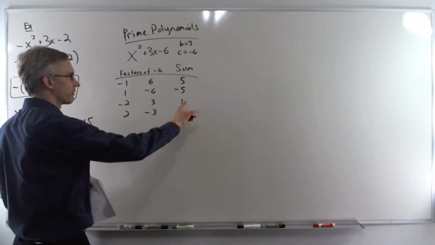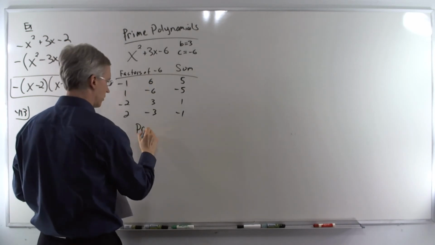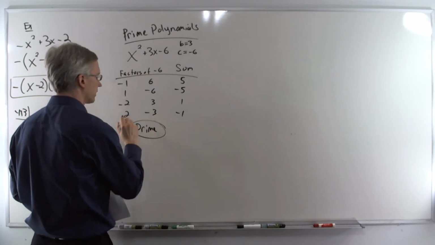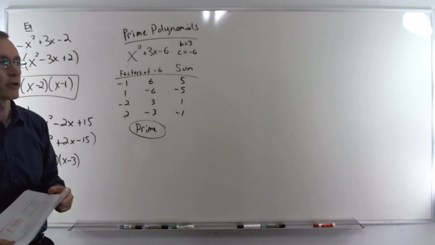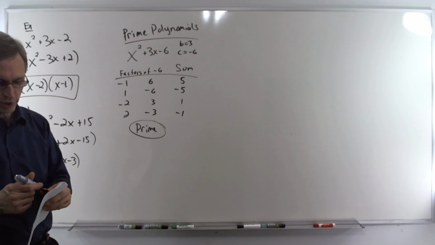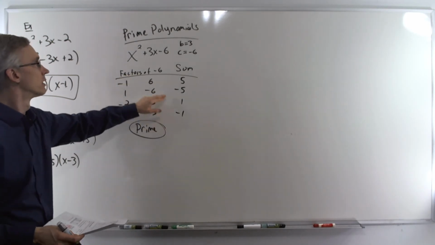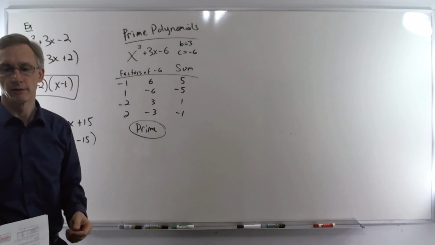Now notice none of these match the middle term. If you encounter that, that means it is a prime polynomial. Just write prime and you're done. Now for showing work on these, make sure you put out the entire list of sums to show that there's no match.